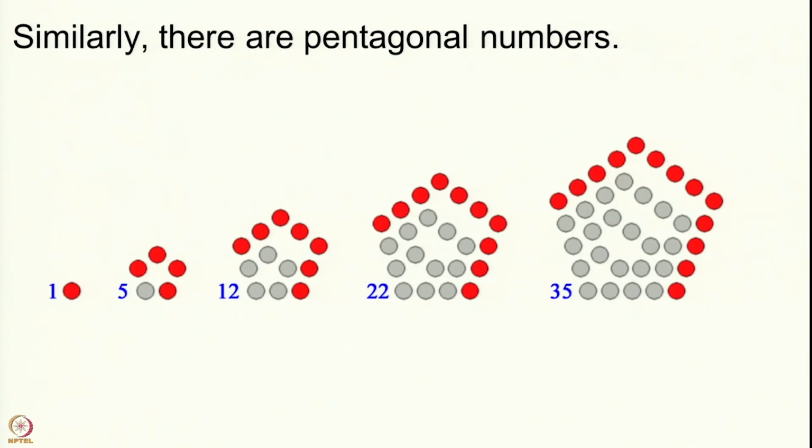So, we see that as you go on increasing the size, this is P1, P2 is 5, P3 is 12, P4 is 22, P5 is 35 and so on. So, for every n we have a pentagonal number, and there is a formula that one can write down for the pentagonal numbers.